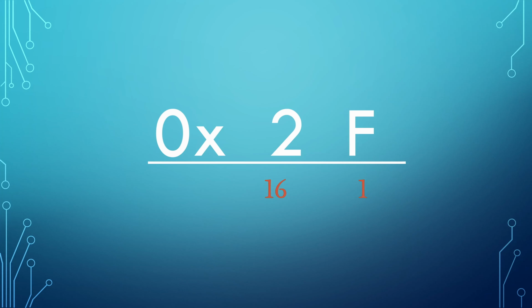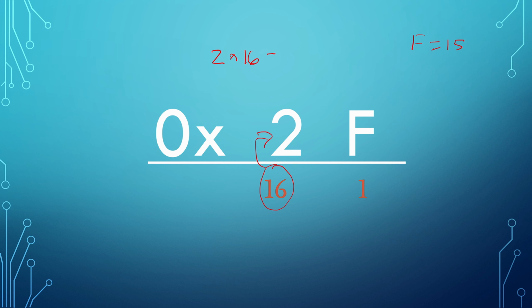What about this? 0x2F. We know that F is 15. But what is this value going to be? Well, that's going to be 2 times 16. We take this value and multiply it by this value.